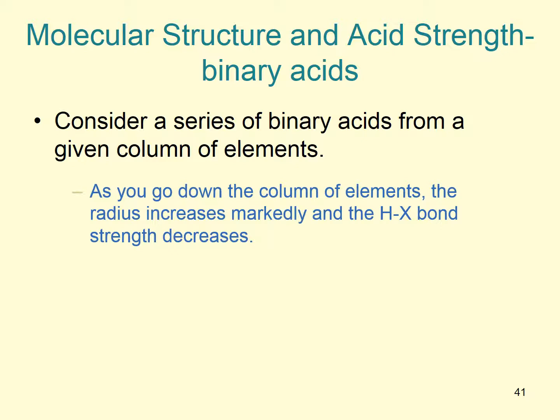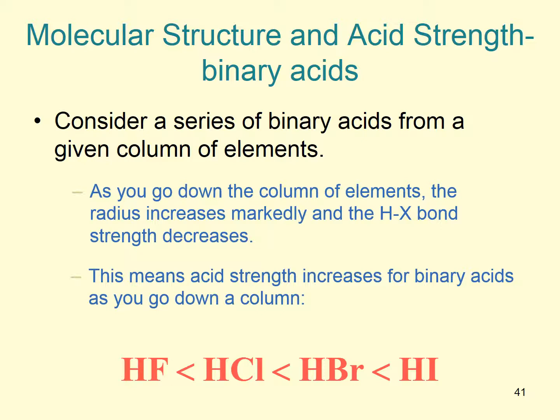So as you go down a column of elements, the fact that the X atom, the second atom, gets bigger and bigger makes it a much stronger acid. So the bond strength decreases as the second atom gets bigger, and so acid strength increases.